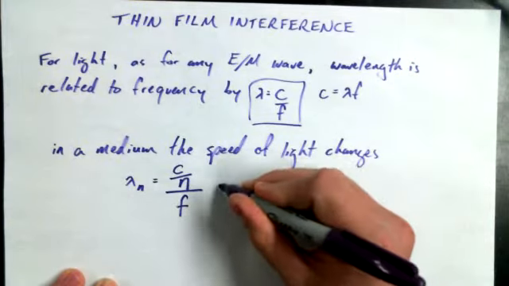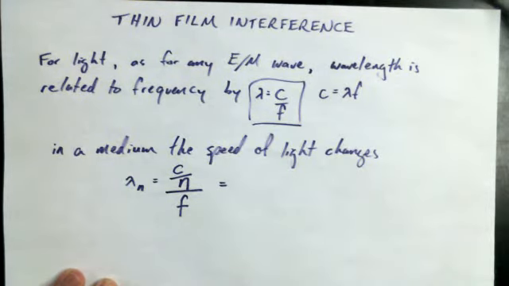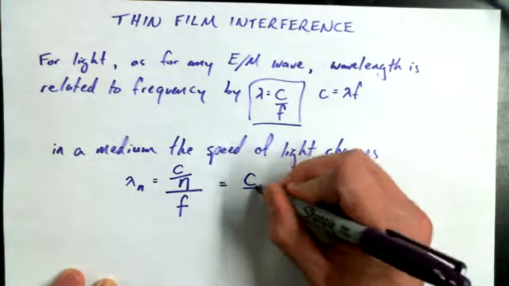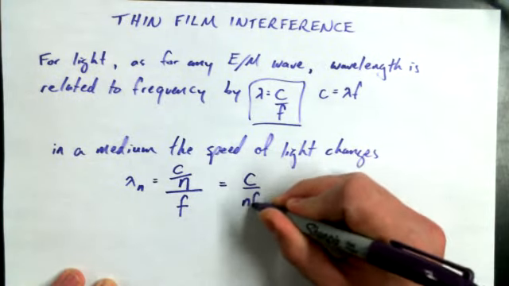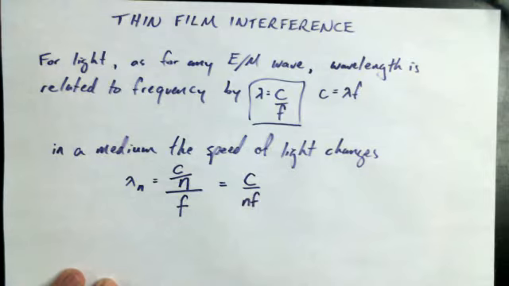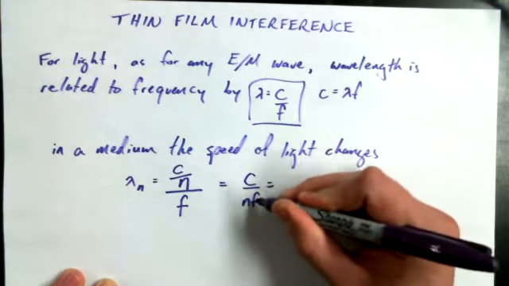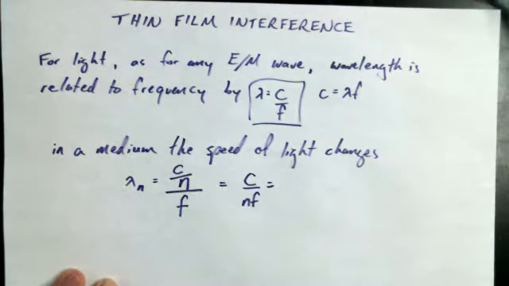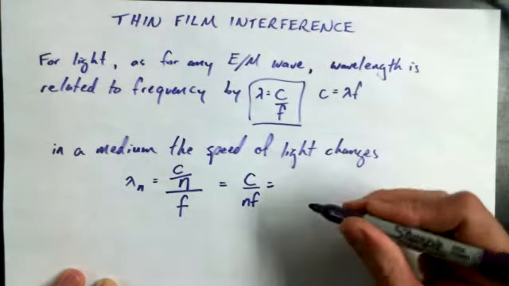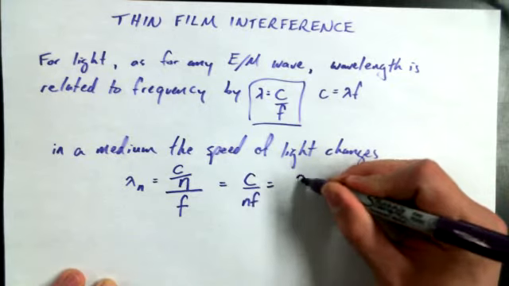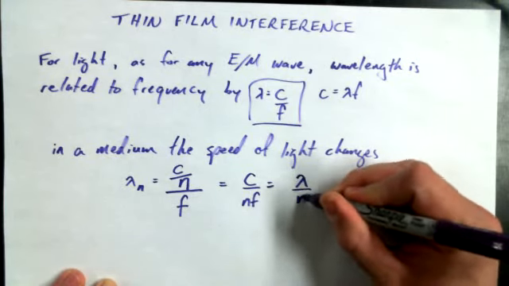You might want to rewrite that as c over nf, which is the same as, if c over f is the wavelength in a vacuum, then the wavelength in a vacuum divided by n.